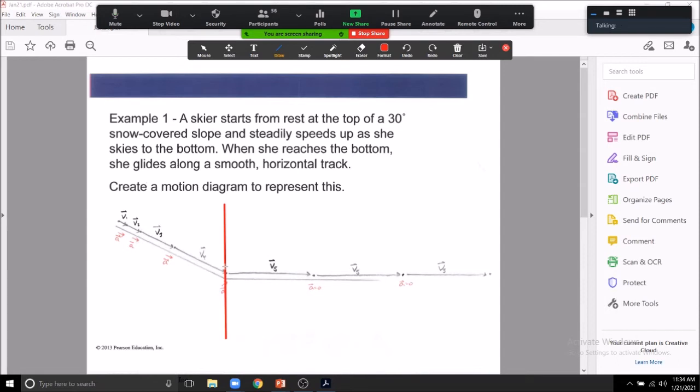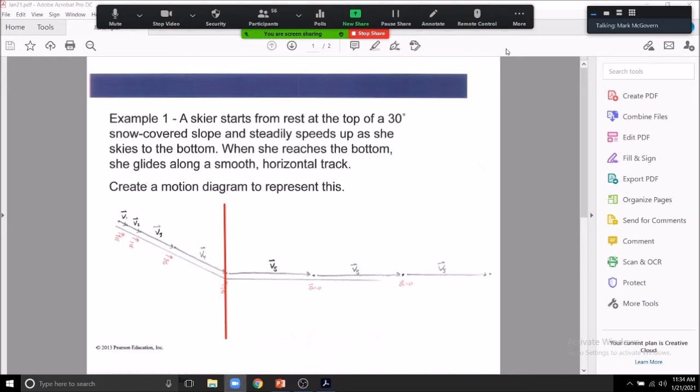You don't want to do less because you don't want to create any ambiguity, and more points doesn't usually result in additional information. So 4 to 5 is the sweet spot, and that's what I recommend you shoot towards. So I drew my dots here. I'm going to zoom in a little bit so you can see this a bit easier.